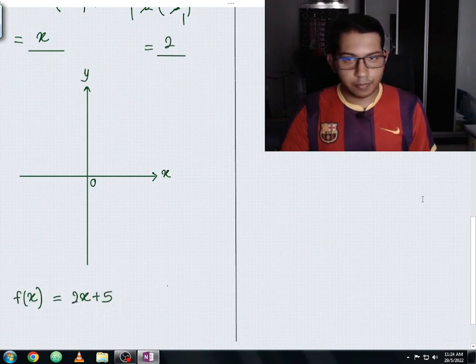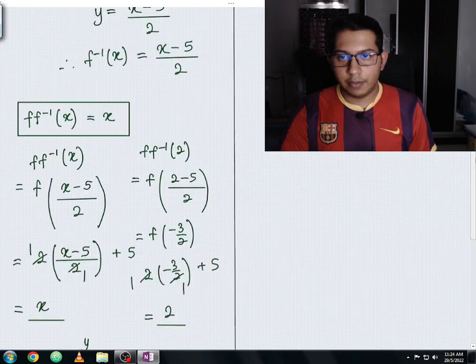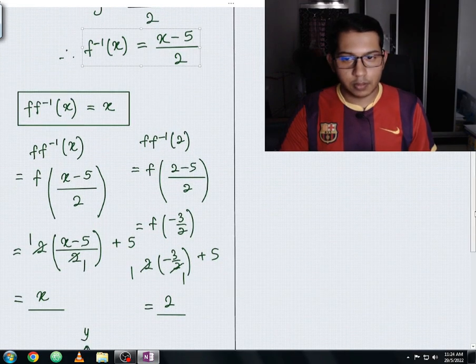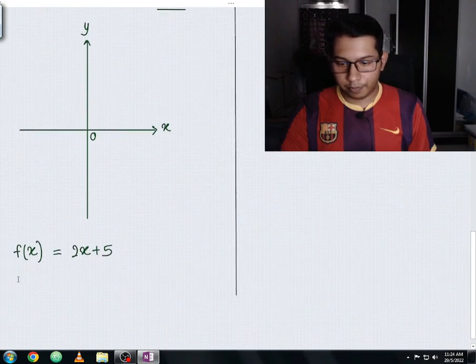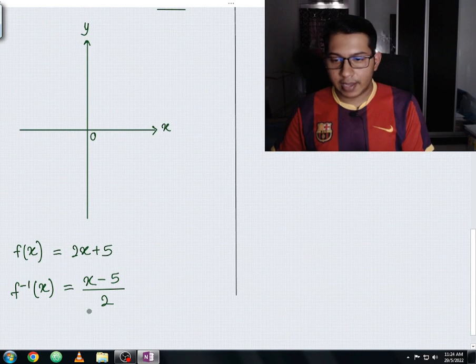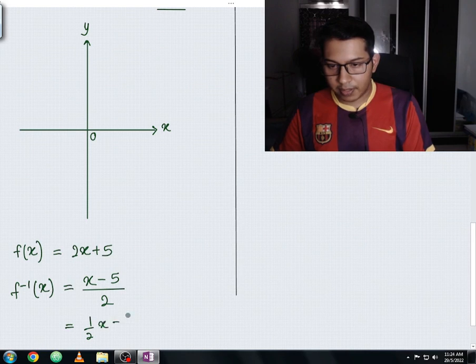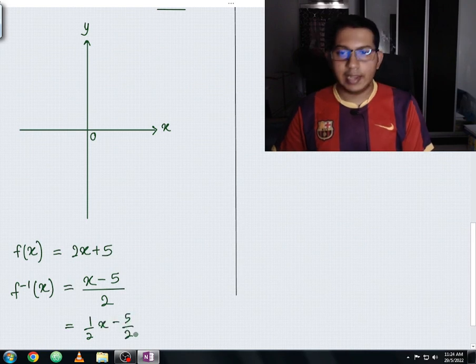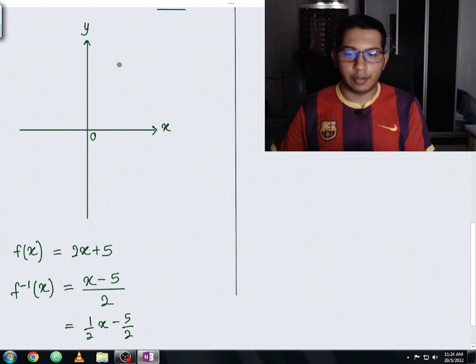And then our f inverse we get is x minus 5 divided by 2. So you also paste it here as well. So this f inverse x you can arrange such a way that it becomes half x minus 5 over 2. At least it will be easier for you to sketch the graph.